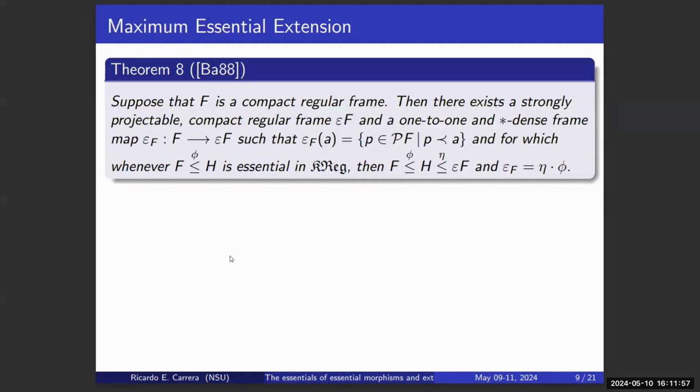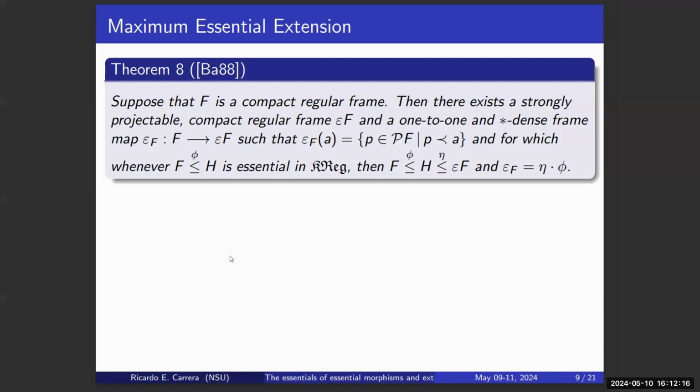All right, so we've discussed some of the similarities between the essential morphisms in kReg and W, but there's another feature that both kReg and W share, which is going to be actually very beneficial for what we want to do. And that is the existence of a maximal essential extension.